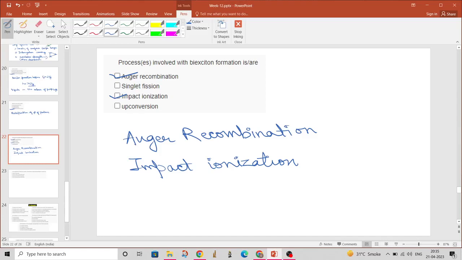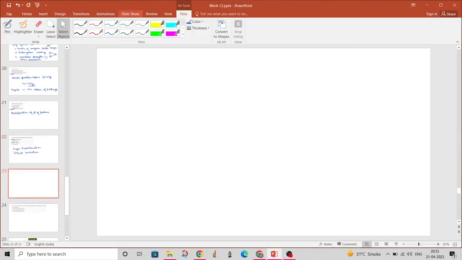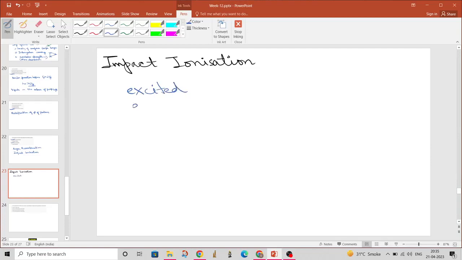So that's why it is also due to impact ionization. Impact ionization will be like this. Here is the excited exciton and then it will form a bi-exciton.